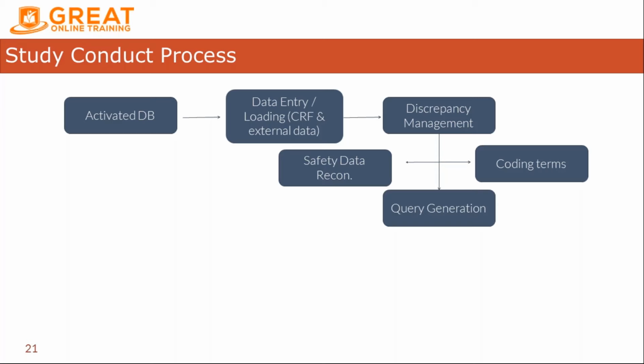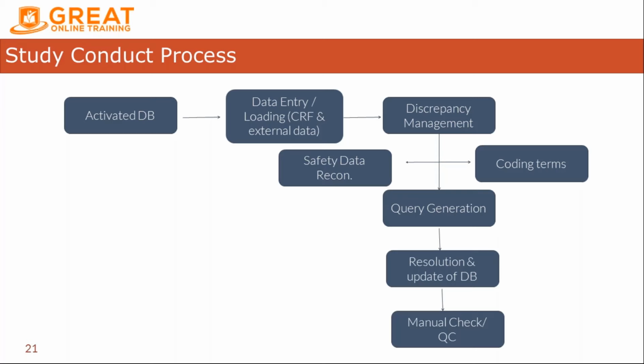While we are performing the discrepancy management, coding and safety data recon, we can identify a number of issues out of these activities. So queries would be generated while performing these activities, in two ways: through automated checks, what we have seen in the setup process, through validation and derivation procedures, which flag the errors whenever the site enters data.